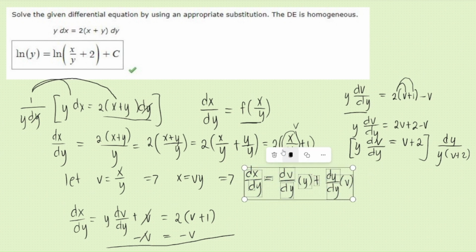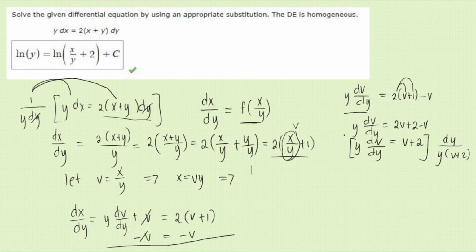So y dv over dy times dy over y times (v plus 2) can cancel y and dy. We'd be left with dv over (v plus 2) is equal to (v plus 2) times dy over y times (v plus 2).